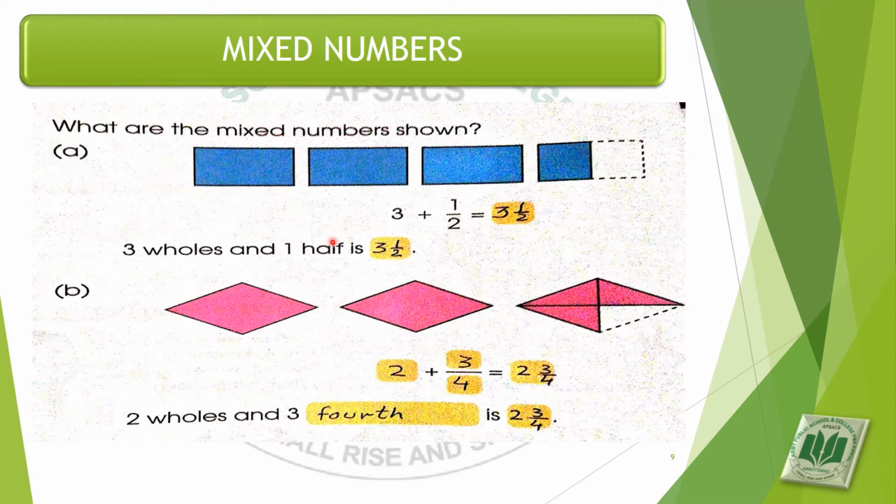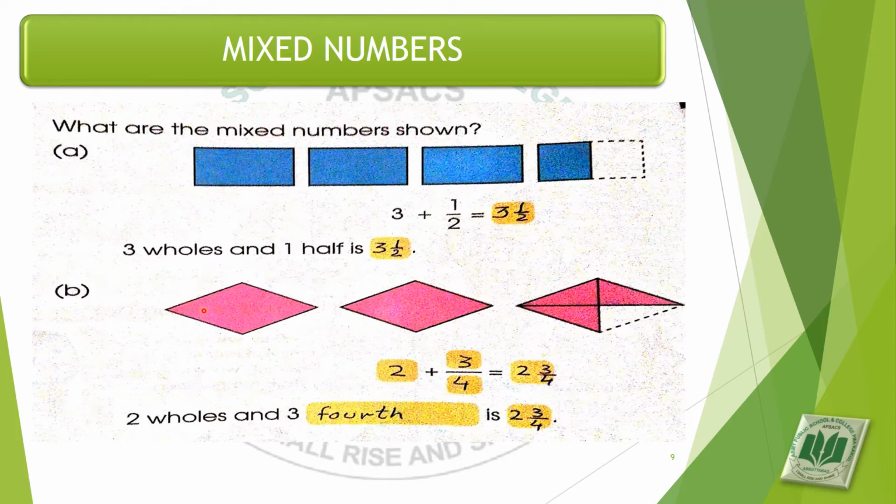So we will write it as 3 whole plus 1 by 2. This is the fractional part. 1 is the numerator and 2 is the denominator. And this is equal to 3 whole 1 by 2. So 3 wholes and 1 half is 3 whole and 1 by 2.